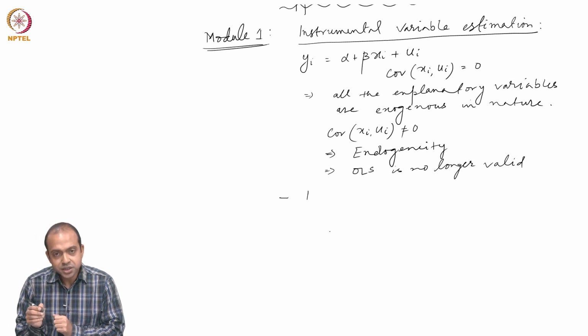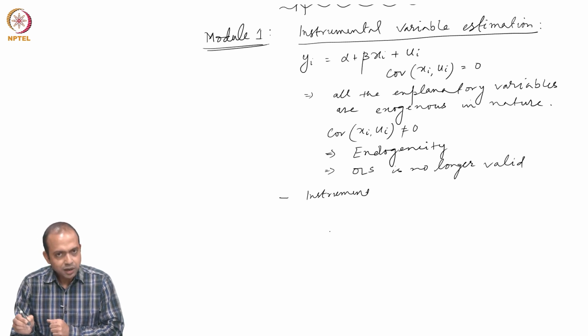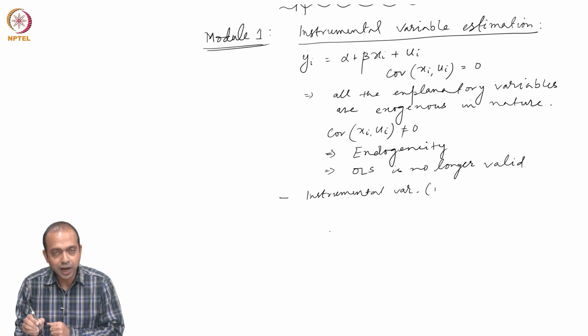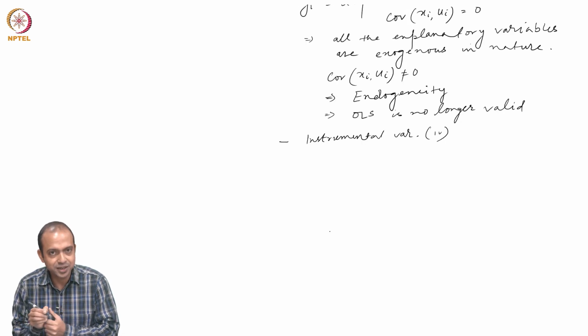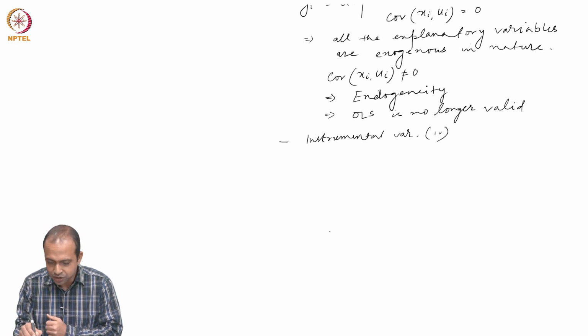Then we will also discuss the test of endogeneity. Once we estimate the model using IV, that means we are suspecting some of the variables are endogenous, so we must have some kind of test of endogeneity.